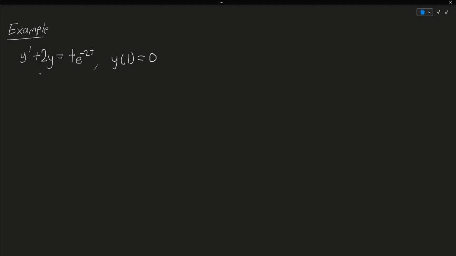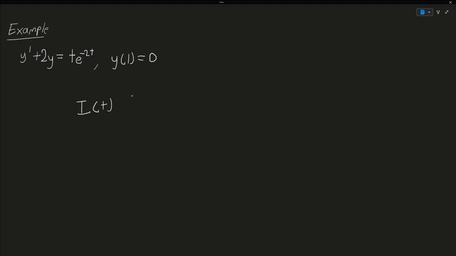If we move on to solving this differential equation, the first thing we want to look at is whether this differential equation is in standard form. And the answer is yes, because the coefficient in front of y prime is 1. So we can just move on to building our integrating factor.